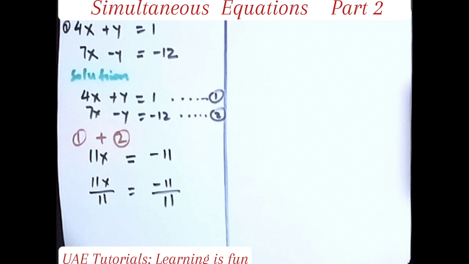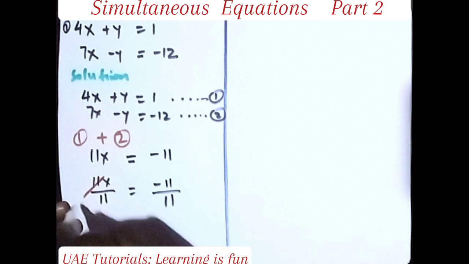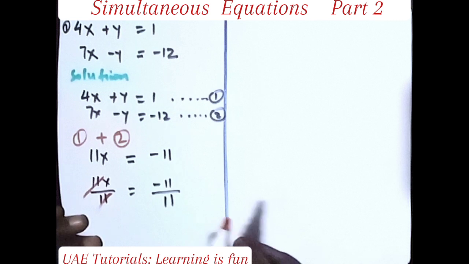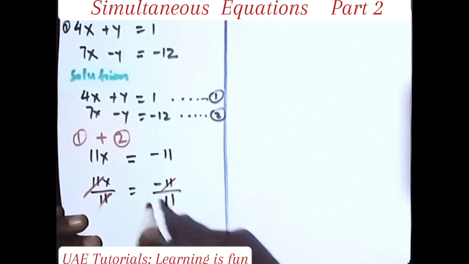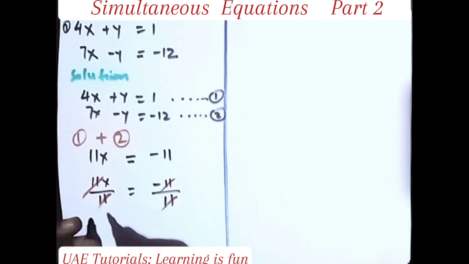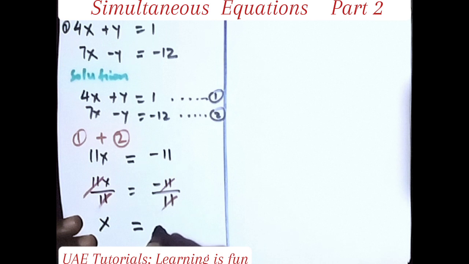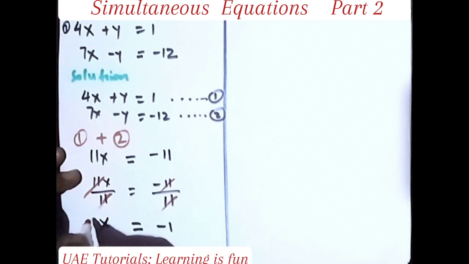The 11 here will go with 11, and minus 11 and 11 can also cancel out. So on the left hand side, what we have left is x, and on the right hand side, what we have left is minus 1. So we have gotten our first answer: x equals minus 1.